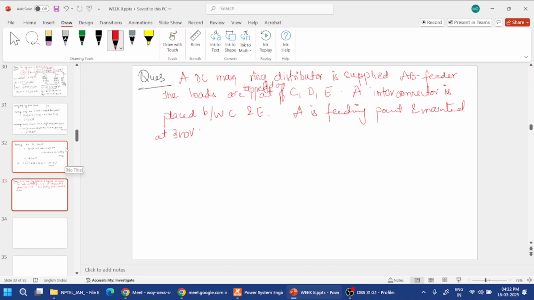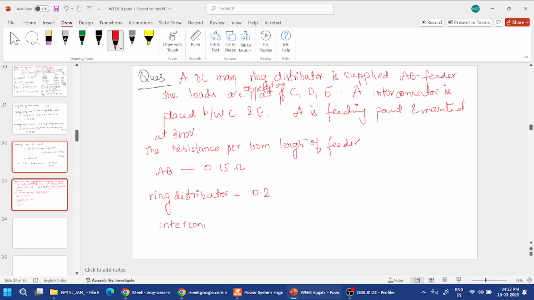The resistance per 100 meter length of feeder AB is 0.15 ohm, of the ring distributor is 0.2, and of the interconnector 0.25.